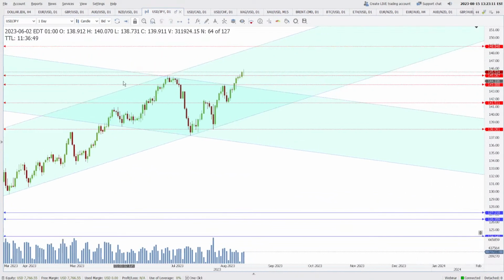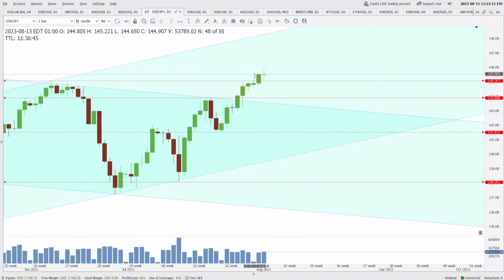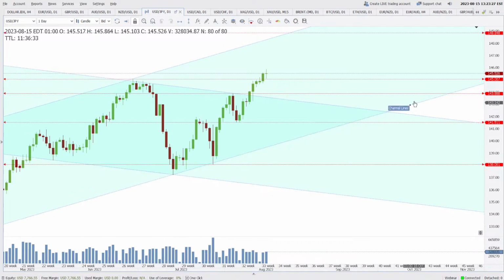USD JPY. Every day there are higher prices. Yesterday there was a clean close higher. So I told you, I think in yesterday's webinar, if we get a clean close higher than this, then 145.06 will start acting as a support. And it seems like the price today made a low around 145.10. Now the next target is 148.84 in this market.